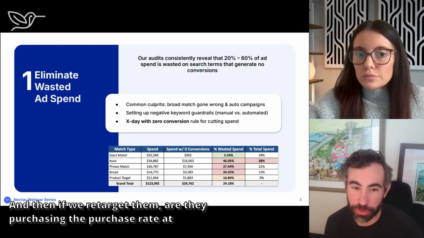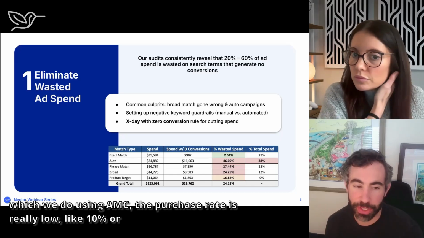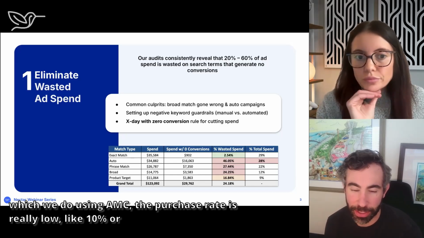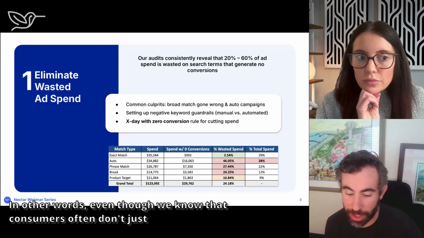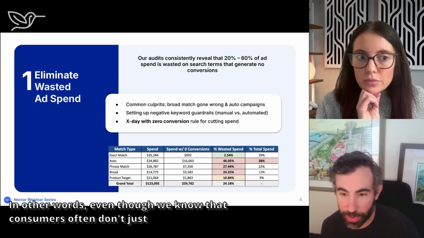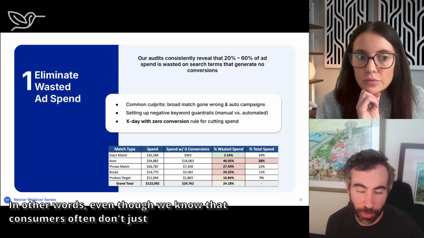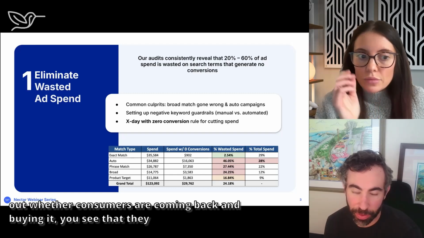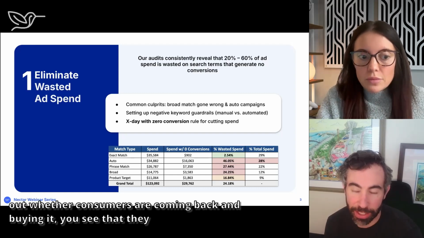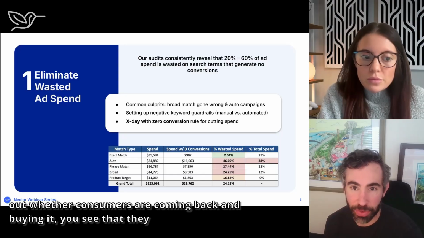The purchase rate, which we do using AMC, the purchase rate is really low, like 10% or less. So ultimately that spend is not efficient. So in other words, even though we know that consumers often don't just click once and buy, as you start to look at this wasted spend and trend out whether consumers are coming back and buying, you see that they aren't.